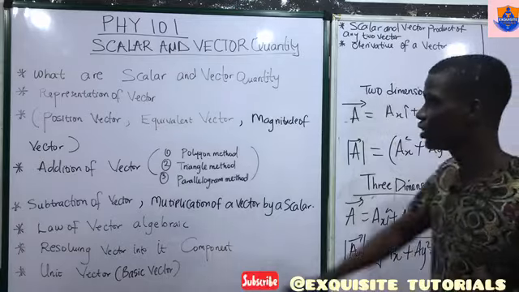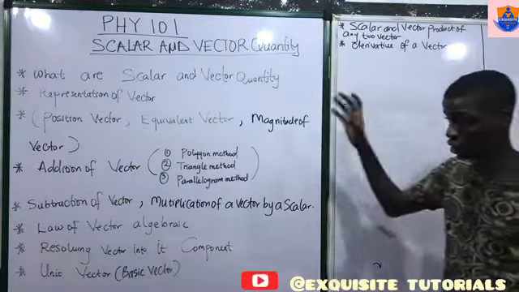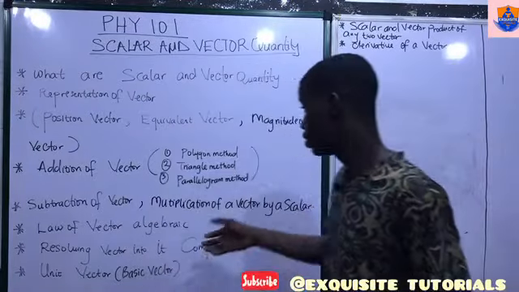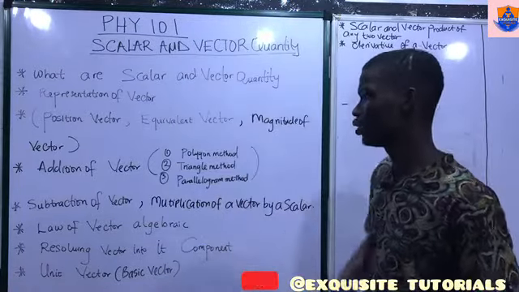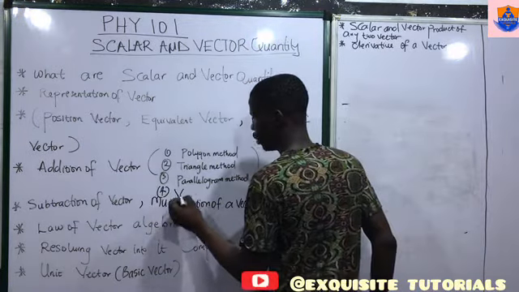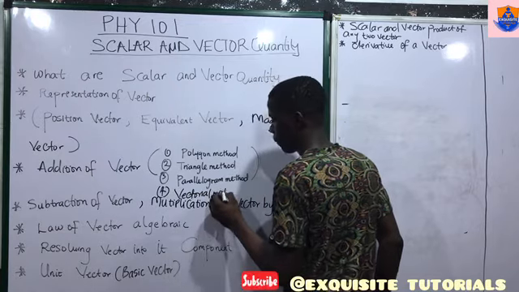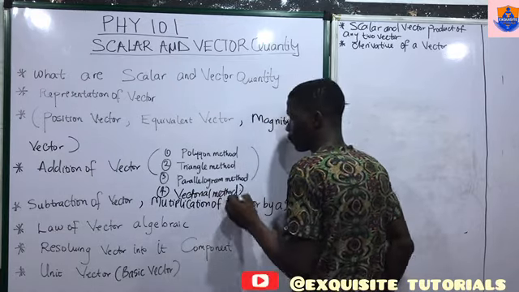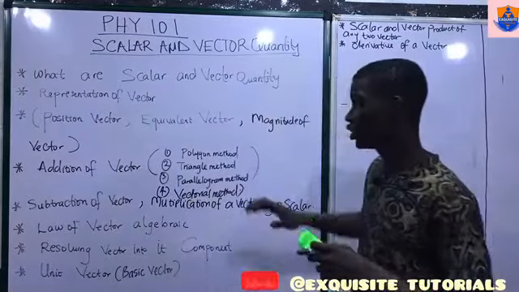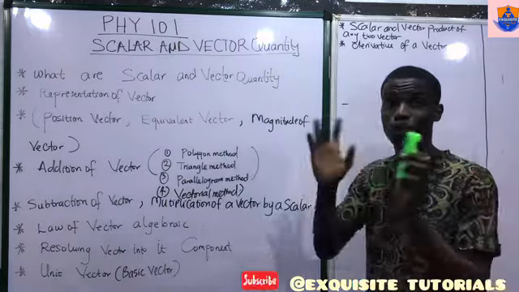Then the other part is addition of vectors. As it is written on the board, there are majorly three ways of adding vectors, and I will have to introduce the vectorial method. In fact, the ways you can add a vector are enormous.